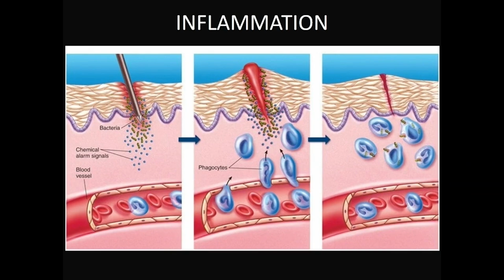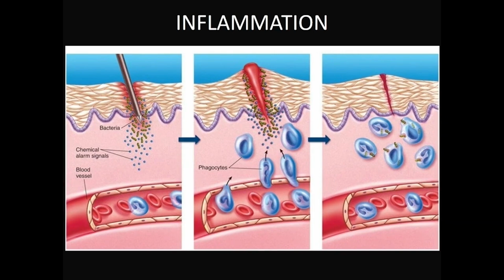So the damage here is like a pin going through your skin, and there might be bacteria from that damage. And anytime something foreign enters your body, these chemical alarm signals get let off, and then white blood cells come and eat the bacteria or kill the infection, yeah?